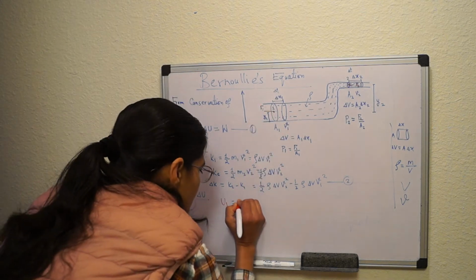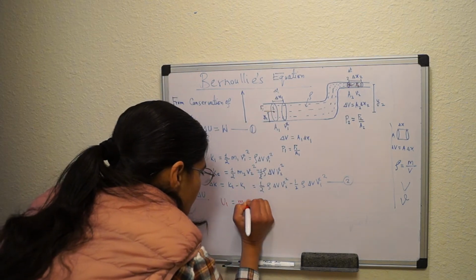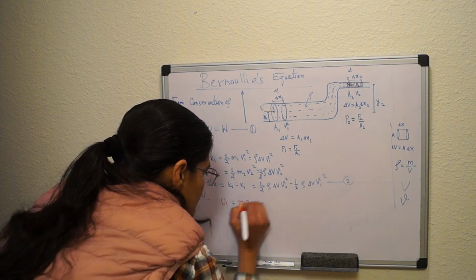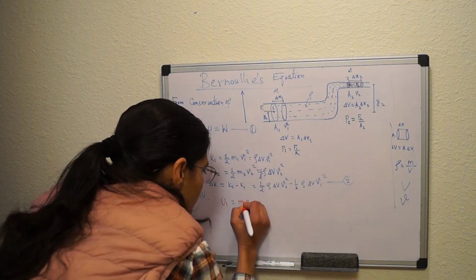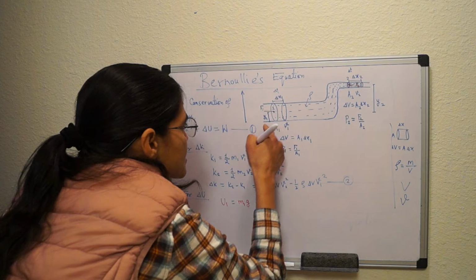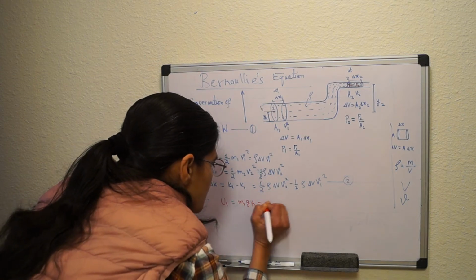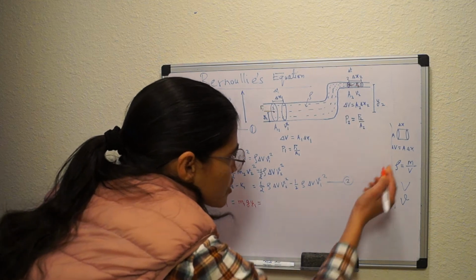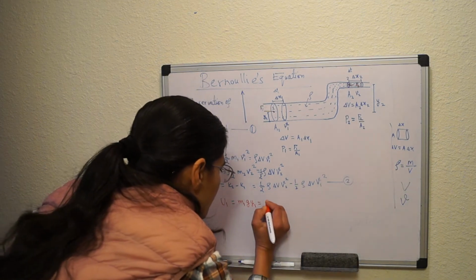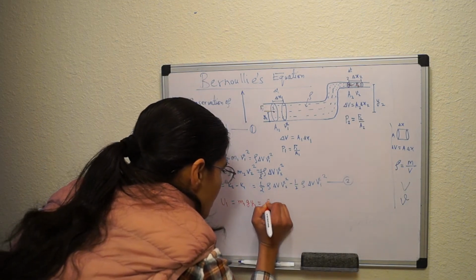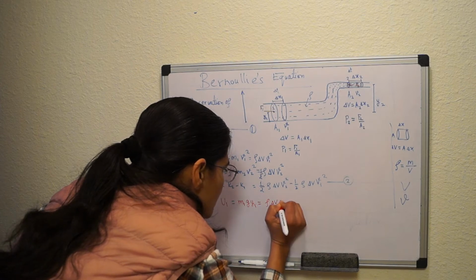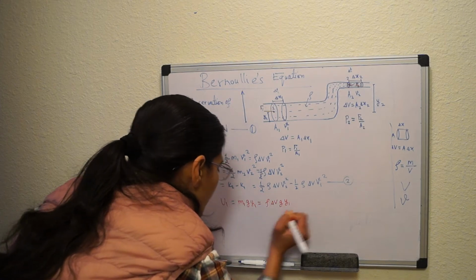You guys remember potential energy was mass times g times height h. So our mass at point 1 must be m1 times g times our height, which is y1, right? In place of m1, again we would use the same thing, rho times delta V in this case, rho delta V g y1, okay?